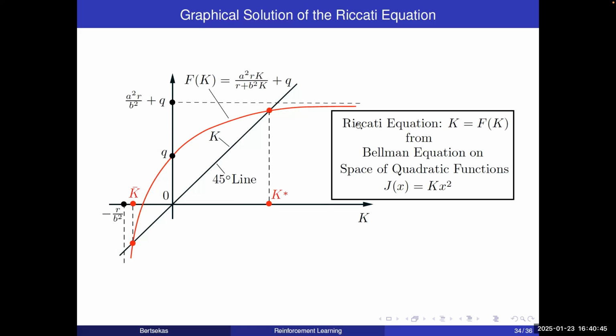We draw the figure of the left-hand side, which is K equal to K. So given the horizontal axis is K, we want to know the value of the left-hand side, which is K. So it's a 45-degree line. And on the right-hand side, we have f of K. So the solution is where those two curves meet, right? That's K star.